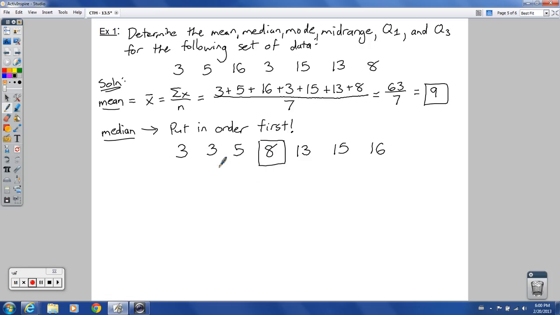How can you tell for sure? Well, there's 3 numbers below it and there's 3 numbers above it. As long as the count is the same both ways, then you're good to go. So let's put a little note in a different color here why this was the median. There were 3 below and there were 3 above.